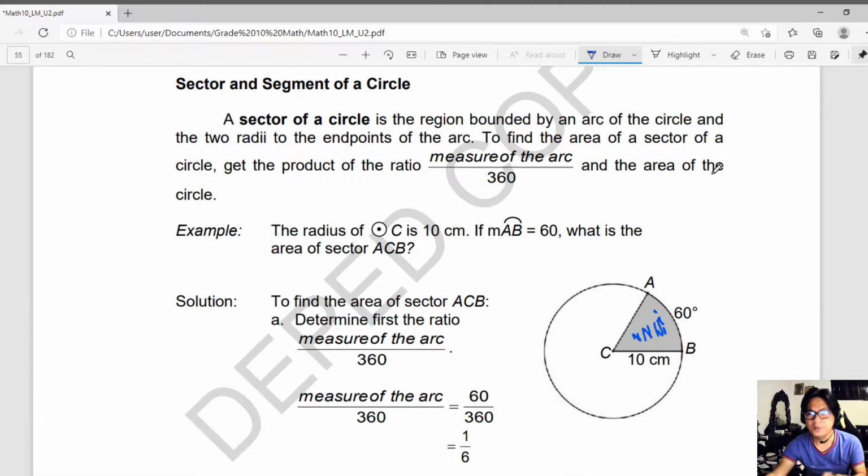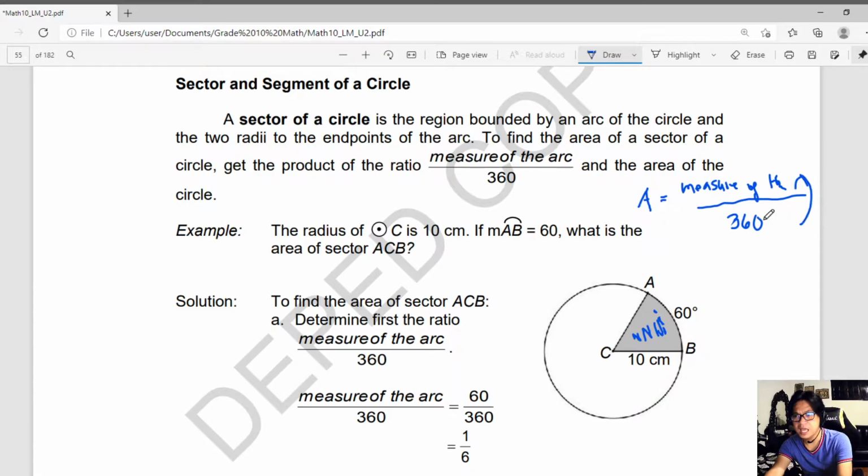Or in other words, pag i-summarize natin itong formula, area of the sector of a circle is equal to the measure of the arc over 360 times the area of the circle.